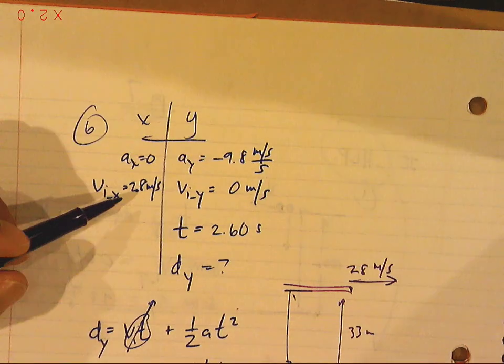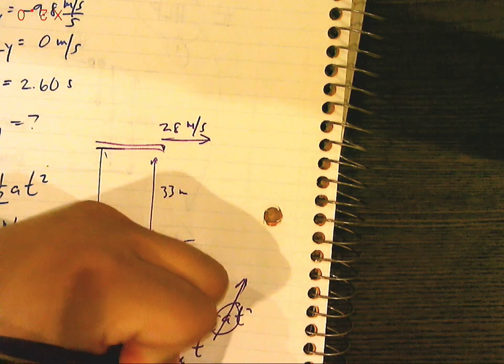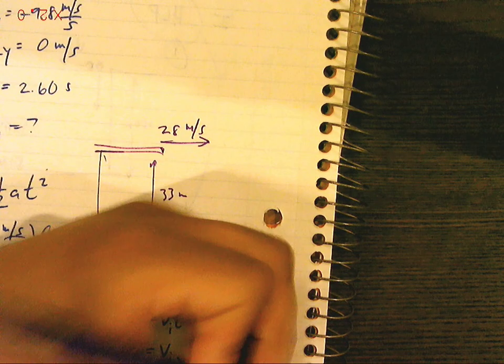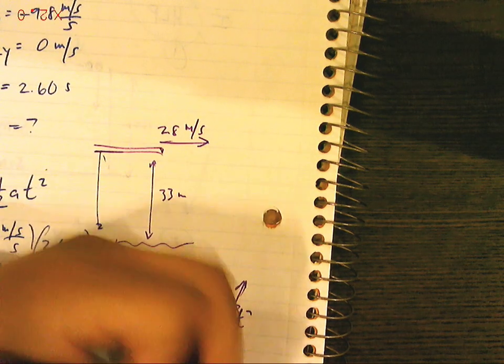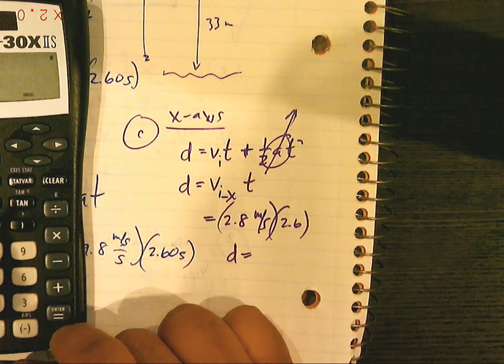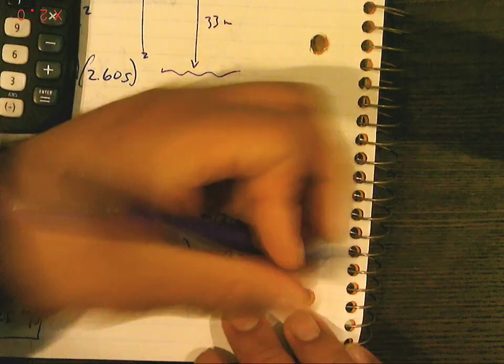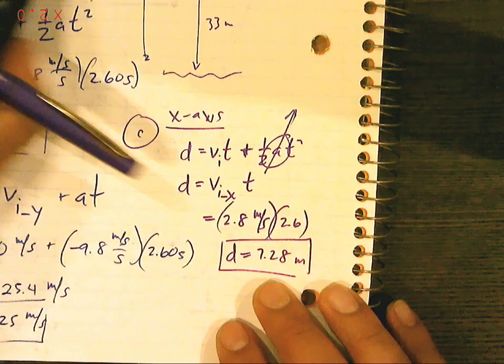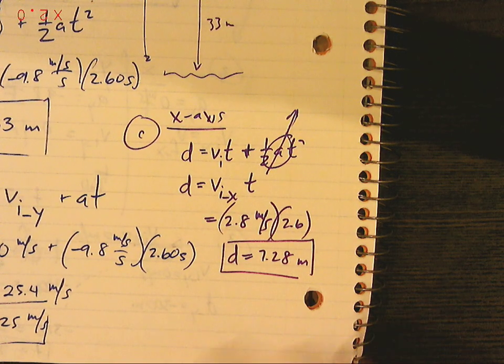Your v_ix initially from the problem is 2.8 meters per second. The time you're falling for is 2.6. So 2.6 times 2.8 is 7.28 meters. That's how far away from the diving board you landed.